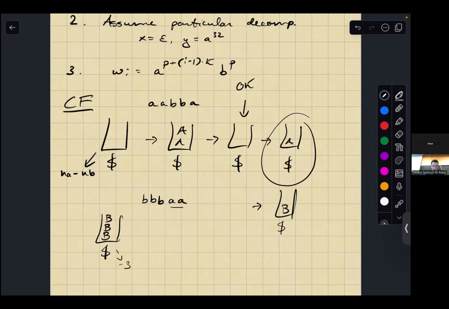Then I read 2 A's, so I pop 2 B's. Now I have a single B, but this is still okay. At the end of the string, I check whether, if I pop this final B, I have an empty stack. If yes, then that should also be accepted.